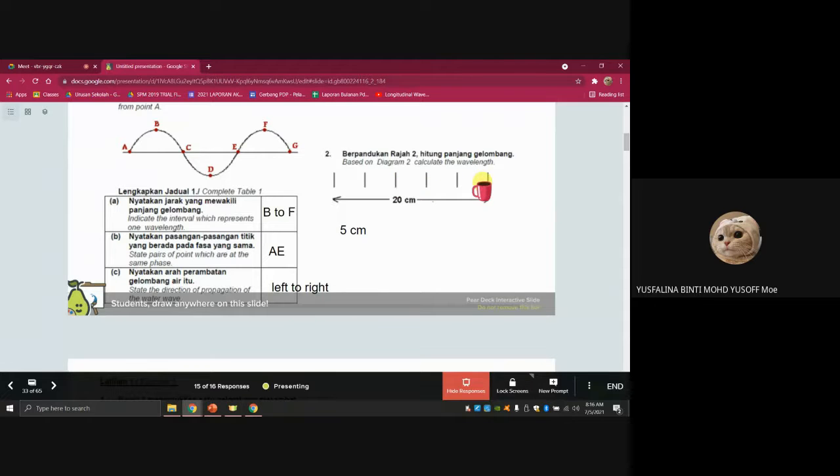So 20 divided by 5 is 4, right? Are you clear about this one? How to find the wavelength, how to find the pairs of points that are in the same phase, and the direction of the propagation? Is it okay?